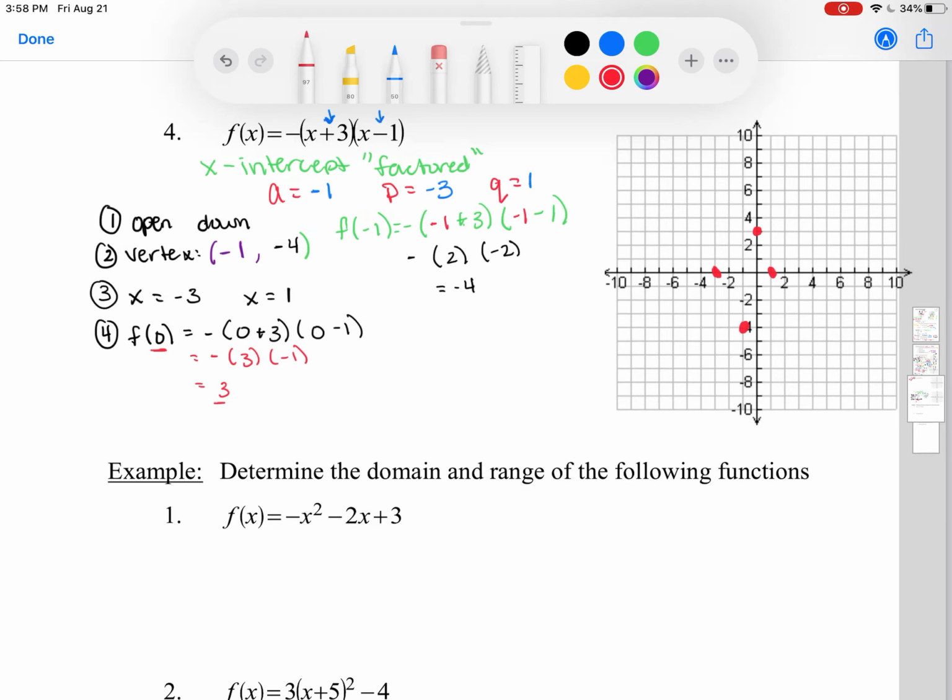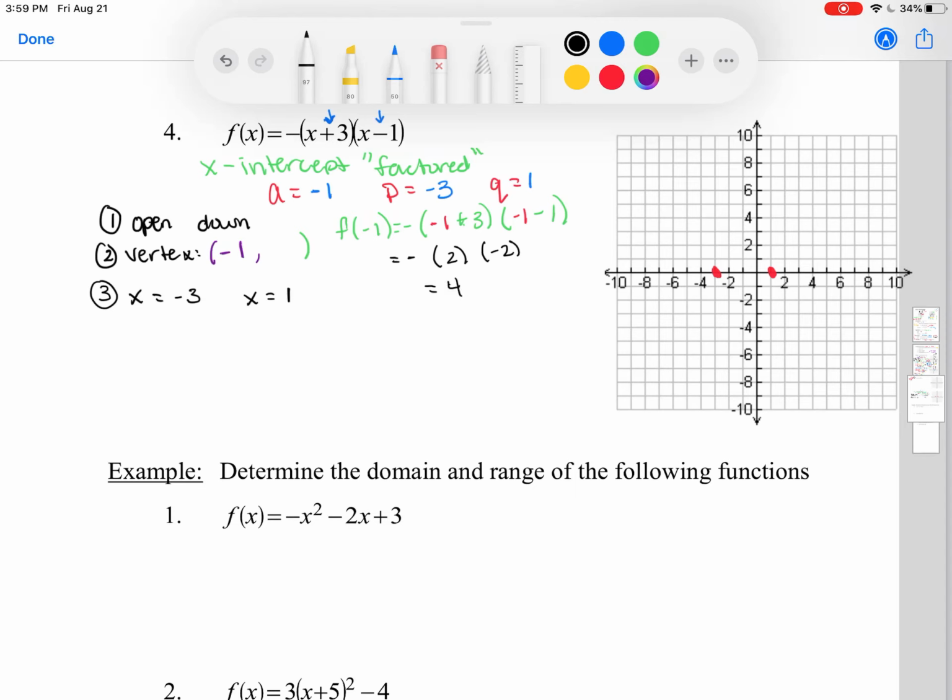Let's see what happens. All right, so from here, let's go ahead and simplify.